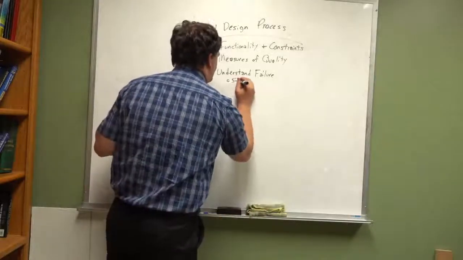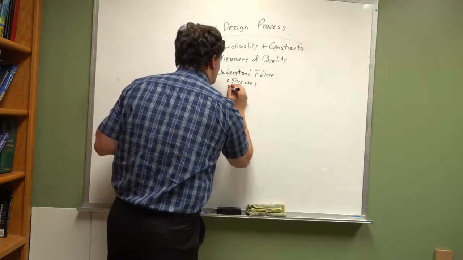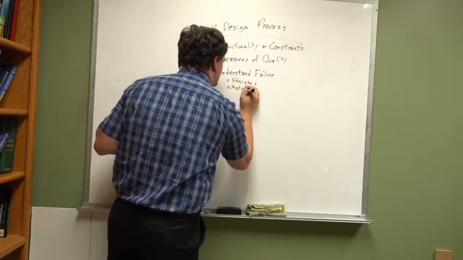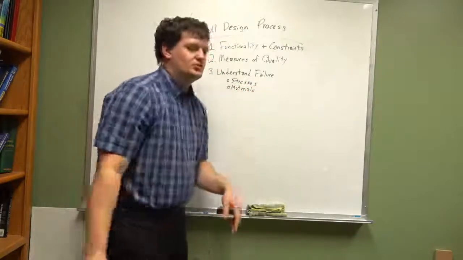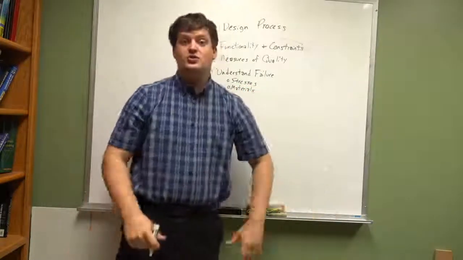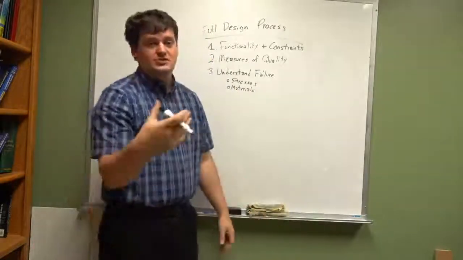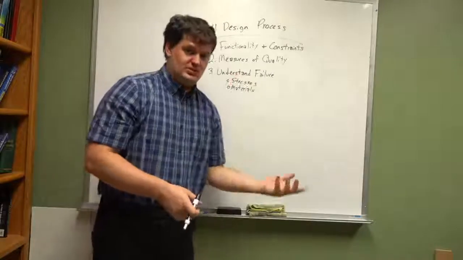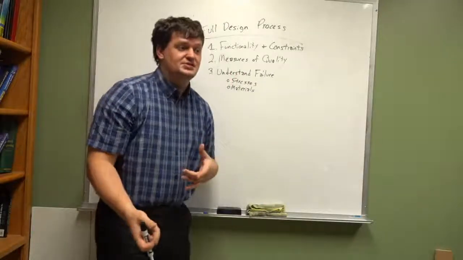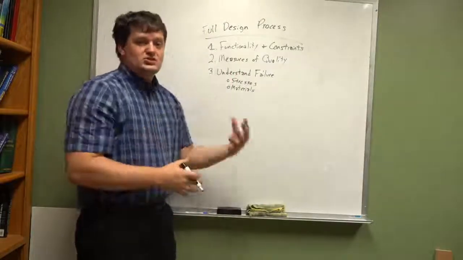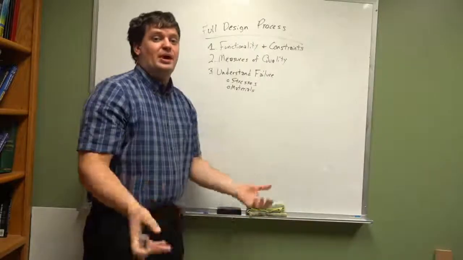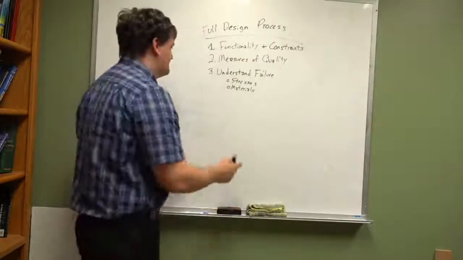Then materials. If you're going to be using aluminum, you're going to be dealing with fatigue. If you're going to be using iron, you may be dealing with rust. If you're going to be using plastic, you're going to be dealing with fatigue, and you may be dealing with some yield stress. What's going to be your material's impact on what failure could be?